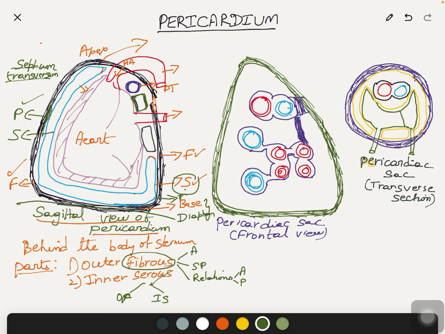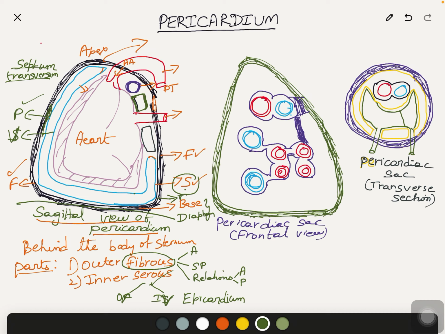Now the visceral pericardium, the visceral layer, parietal and the visceral. This visceral layer is otherwise called the epicardium. It's the outer layer of the heart. So the heart consists of endocardium, myocardium and epicardium.